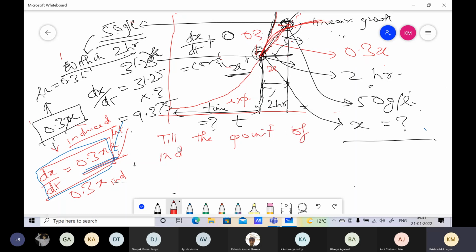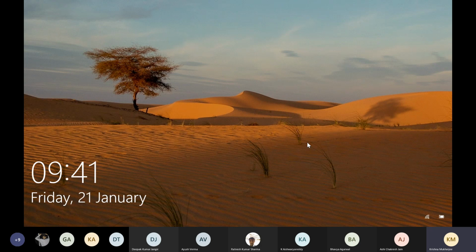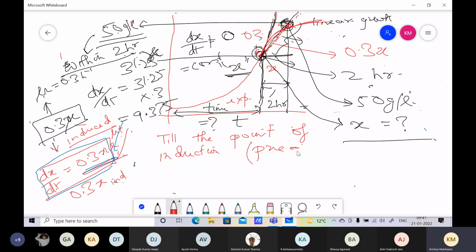Till the point of induction, which means pre-induction, the point of induction is a single point. The computer is also not behaving, sorry for all this.